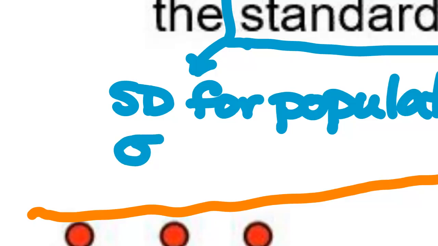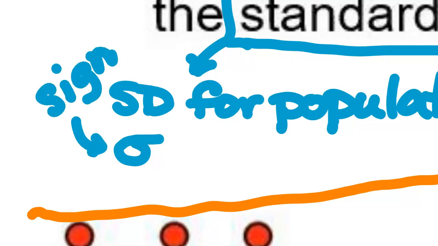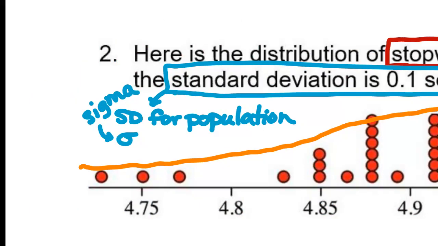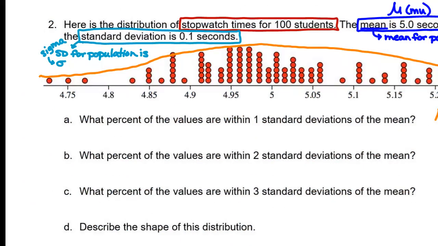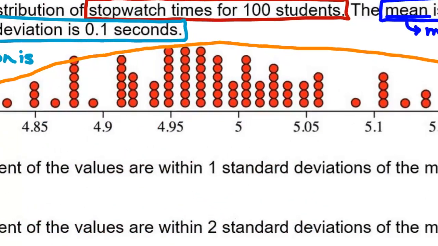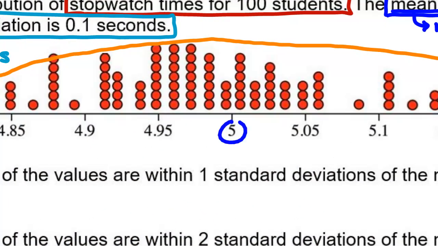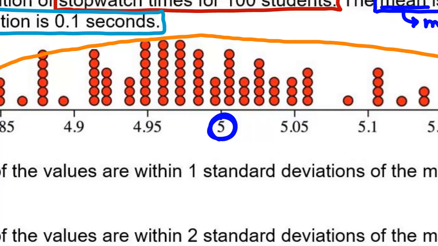It looks like an O with a tail off the top. So this 5 right here in the center, that's my mean. That's mu.